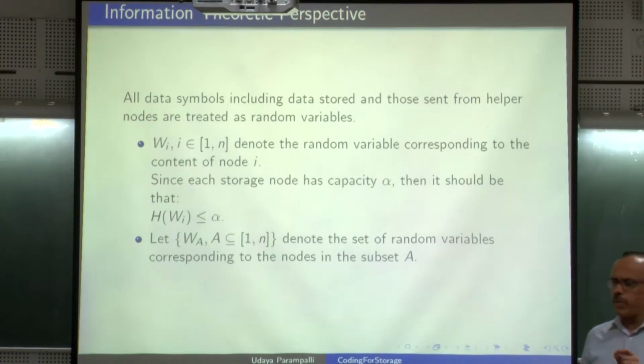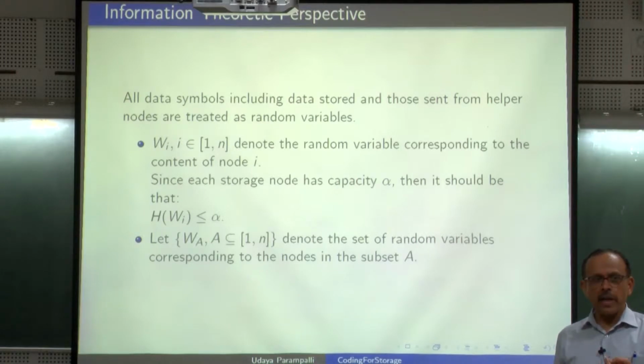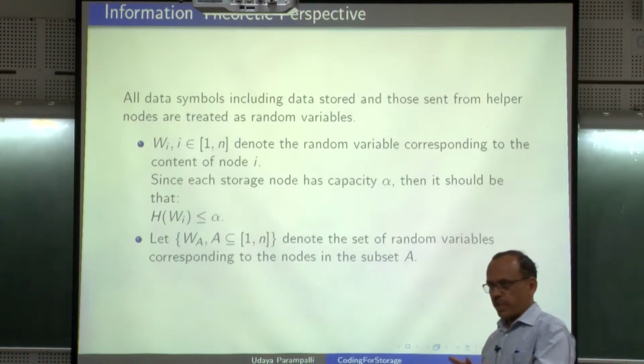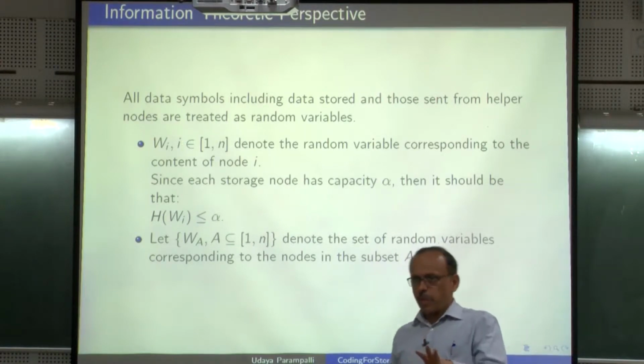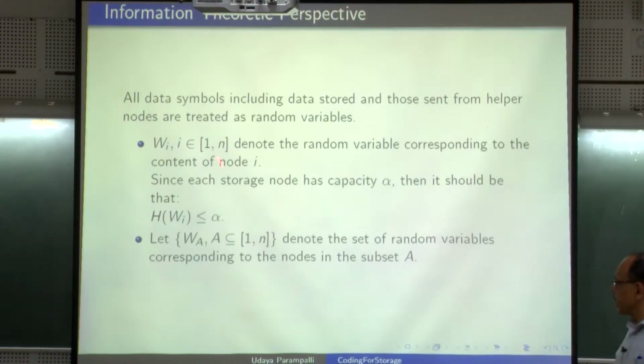You will have to bear with me when I change the notation, as I might move the indices around, but at this point, without loss of generality, I can take i to be one of the n nodes, and Wi is a random variable represented by the corresponding content in node i. So Wi is the content in node i.